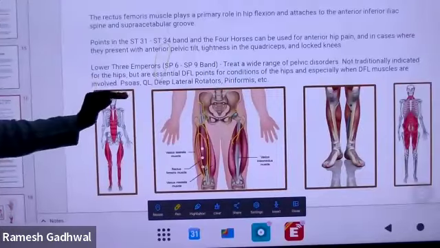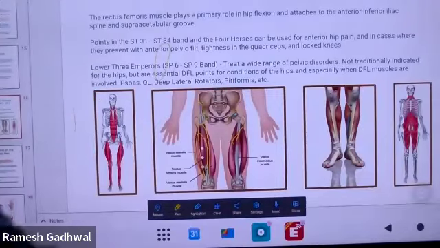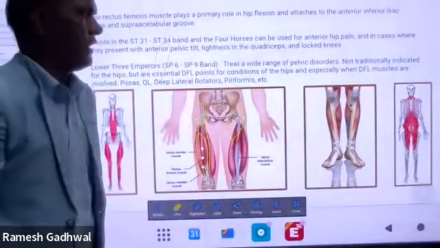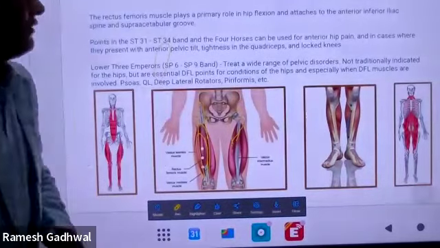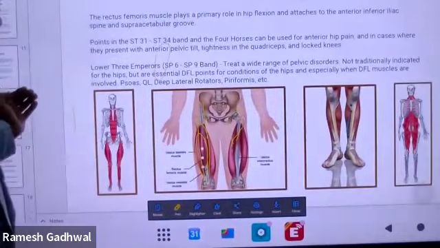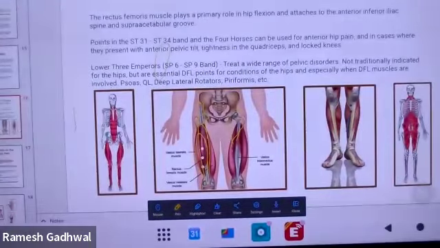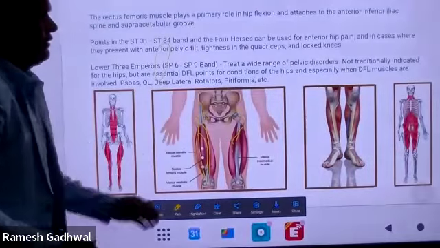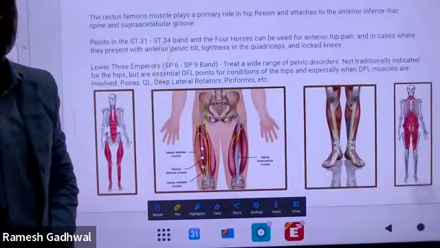For the hips, these are initial deep frontline points, for conditions of the hip, especially when deep frontline muscles are involved: psoas, quadratus lumborum, deep lateral rotators, and piriformis muscles.